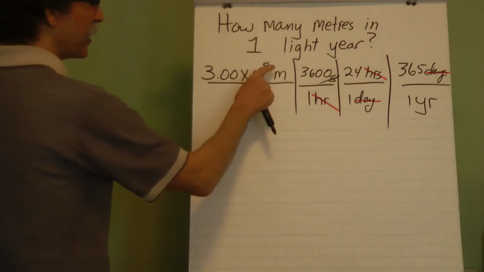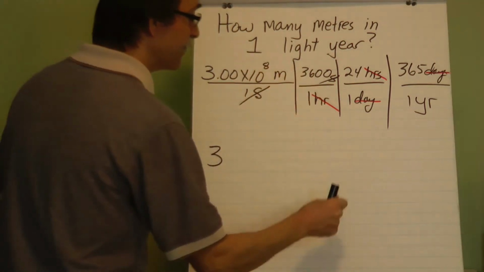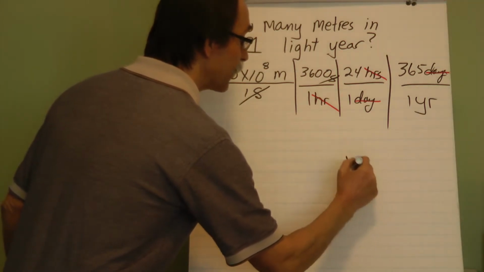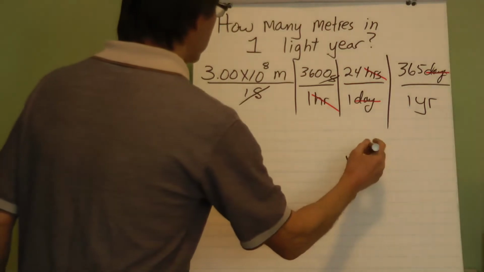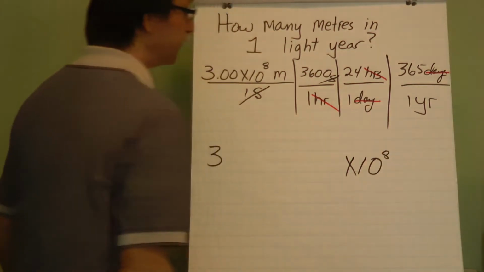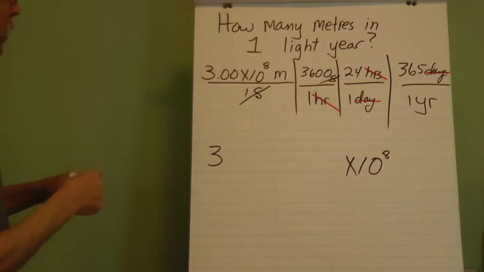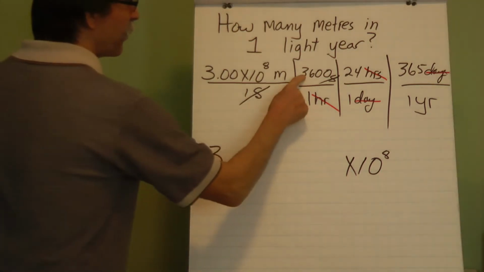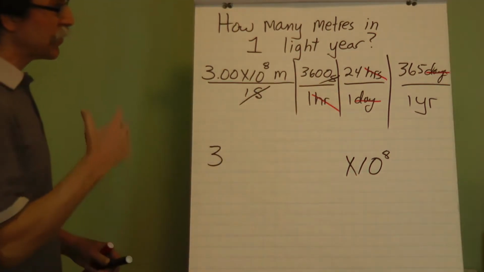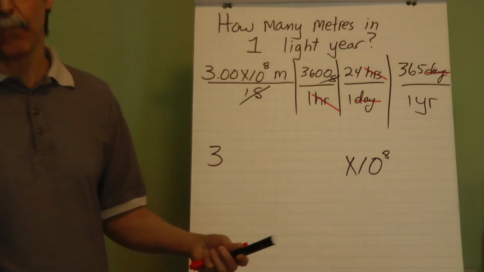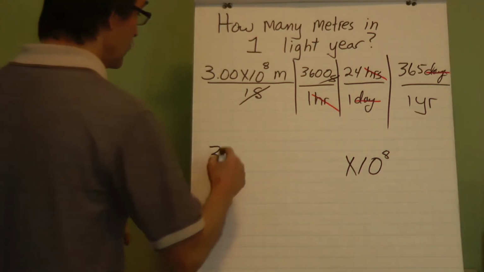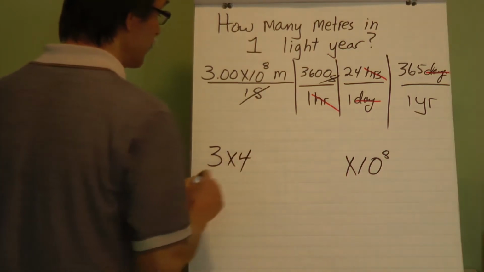And I'm going to take my powers of 10 and put them over here, times 10. Okay, so I've got my 8. Now I've got 3,600, which is 3.6 times 10 to the 3. I'm going to just call that 4, okay? So times 4.